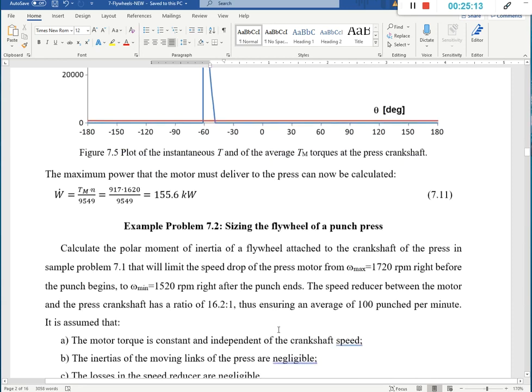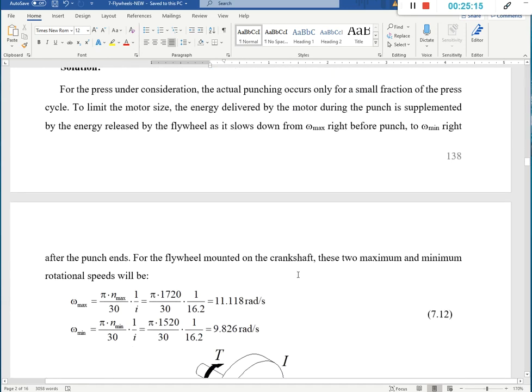Okay. The actual sizing of a press flywheel.